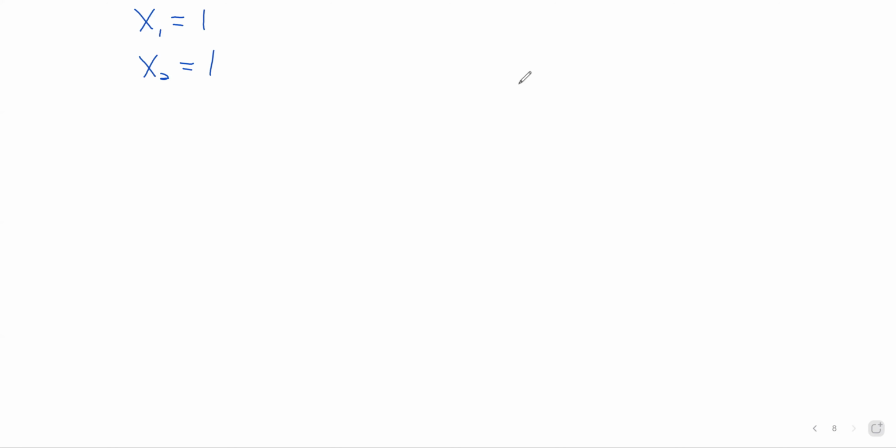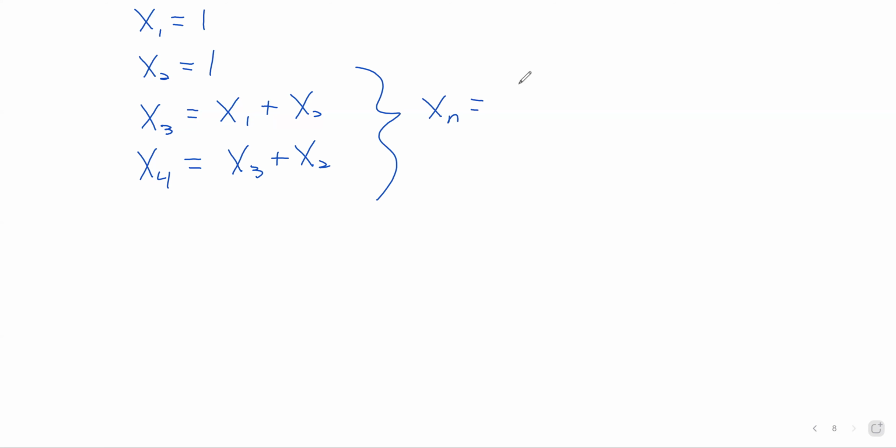So we define x sub 1 to be 1 and x sub 2 to be 1. And then x sub 3 to be x sub 1 plus x sub 2, x sub 4 to be x sub 3 plus x sub 2, and in general, x sub n to be x sub n minus 1 plus x sub n minus 2.